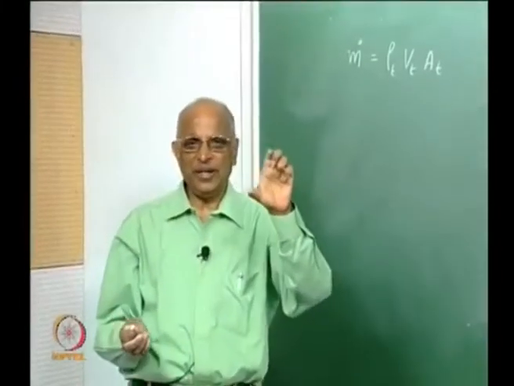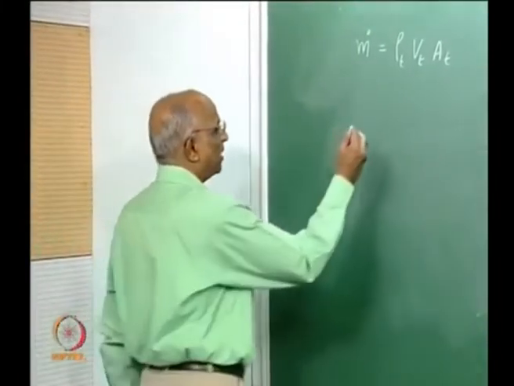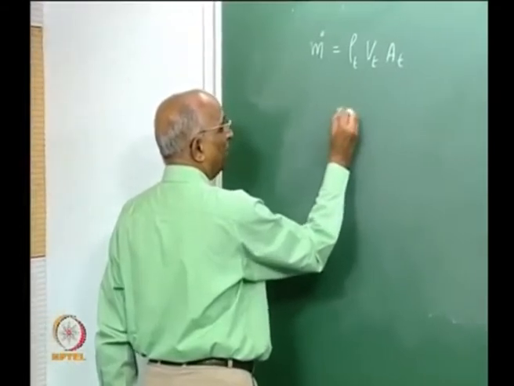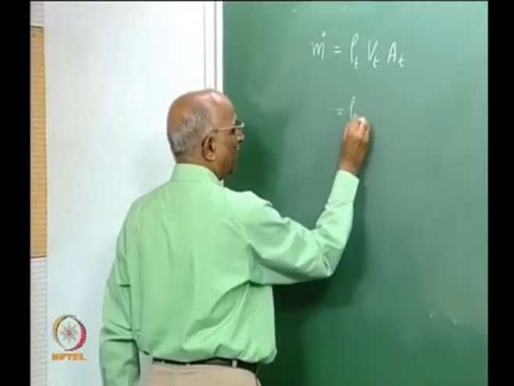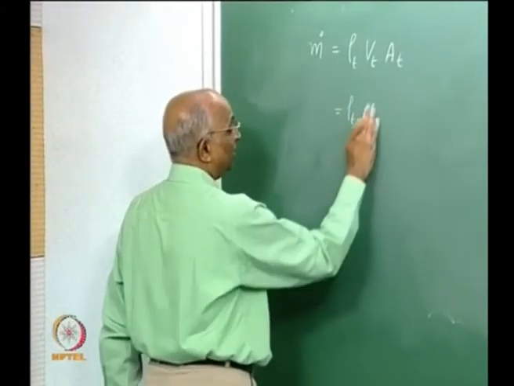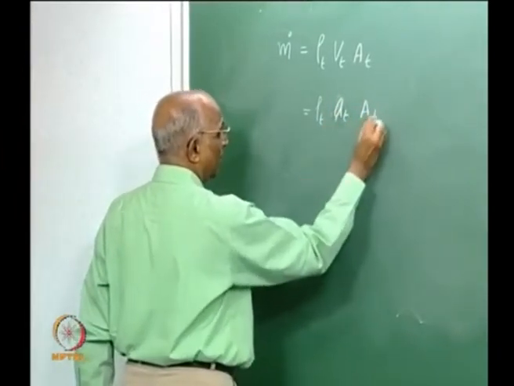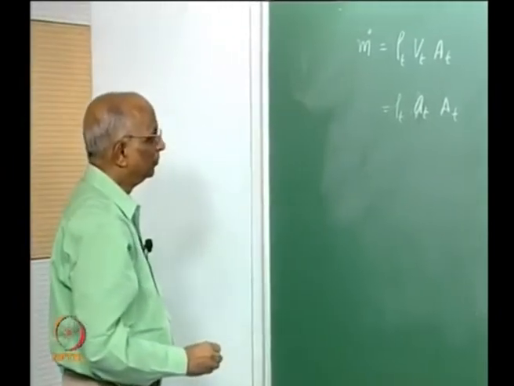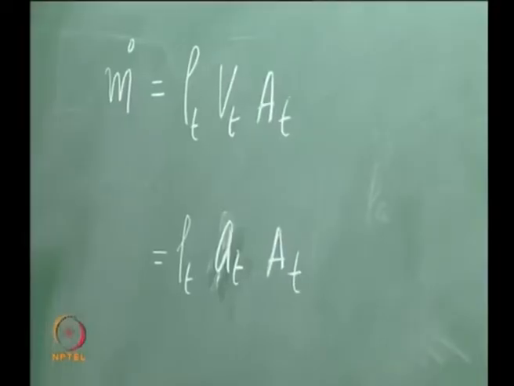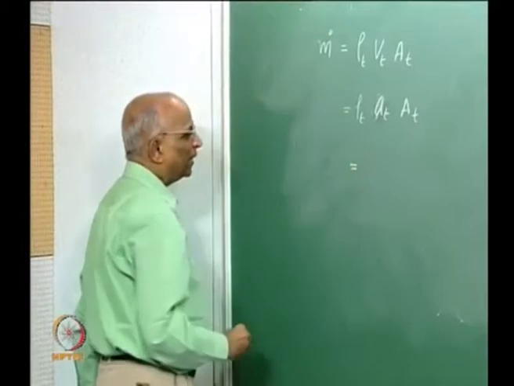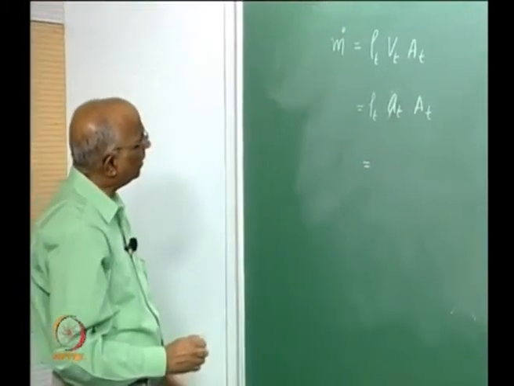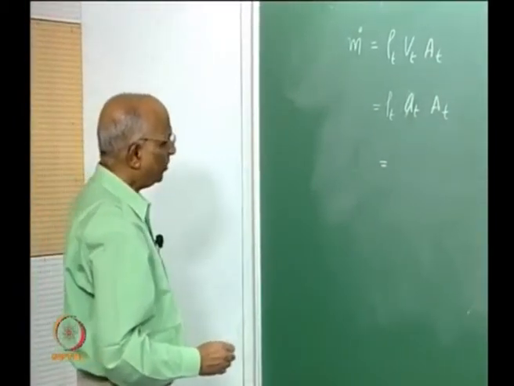Therefore Vt is equal to the sound speed at the throat, into At over here. Now can I simplify it? Can I write it in a form which is easy to do?